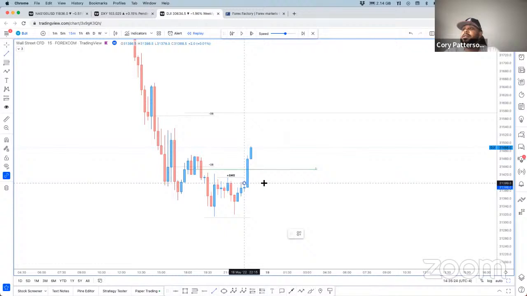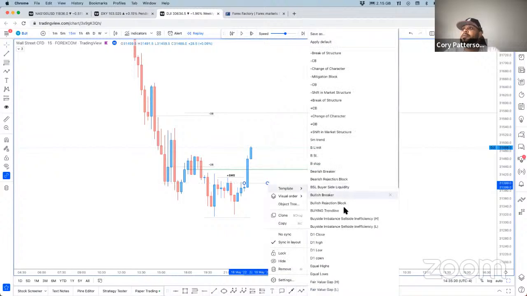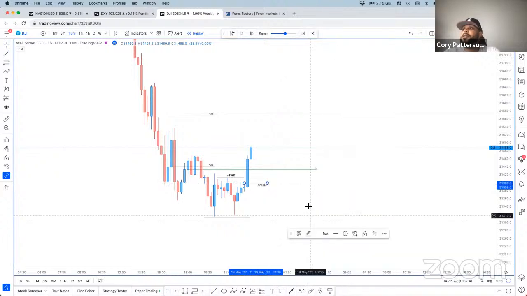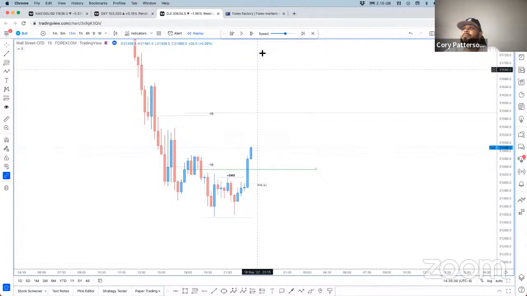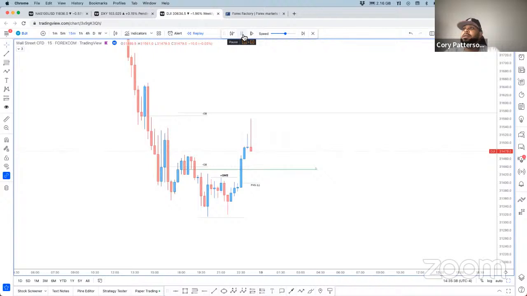Imbalance right here. That's the low. We don't have the high yet because that ain't done. So let's see what happened. All right, now we confirm the high. That's right here.